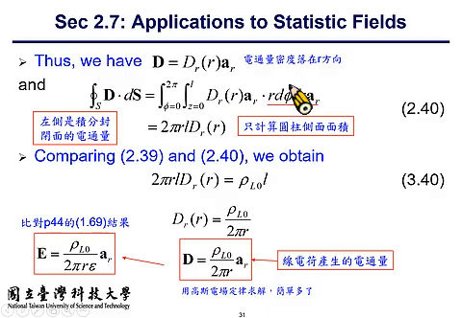Note that in the phi direction, d phi is not a length, it's only a difference in angle. So you need to multiply by r, to give a differential length in the phi direction. So for the surface integral expression on the cylindrical surface, you have r d phi dz a_r.